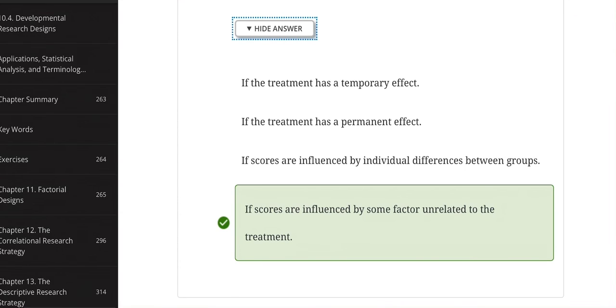And the treatment having a temporary effect or a permanent effect would be things you would observe post-test. But the question is about observations before the treatment, pre-test. So that would be that last answer: you can see if there's some other kind of history, maturation, or some other kind of effect going on before the treatment.